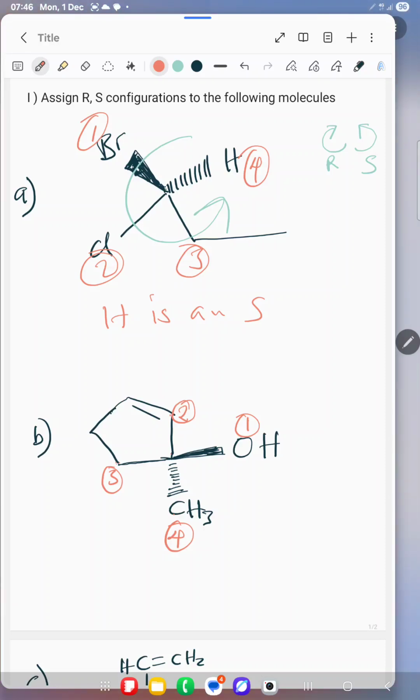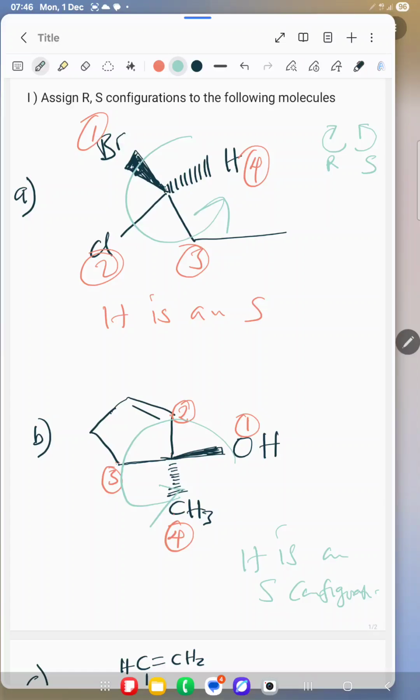After that you need to take the direction: this is number 1, number 2, number 3, number 4, so your direction moves like this. This is still an S because that is anti-clockwise. So you say it is an S configuration.